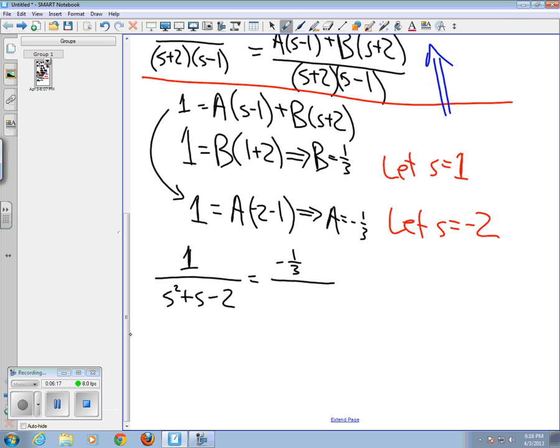So it equals -1/3 over s plus 2, and then plus 1/3 over s minus 1. So let's go on to a new page, and we'll remember these things. The -1/3 is over the s plus 2, and 1/3 is over the s minus 1.